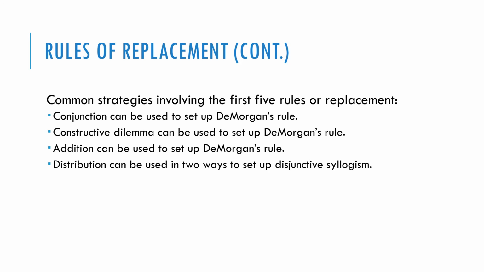Again, these are all ways of manipulating and altering the way in which we say complex propositions that mean the same thing, so that we can naturally deduce one thing from another that we may not be able to do if we didn't apply De Morgan's rule or the disjunctive syllogism in the first place.